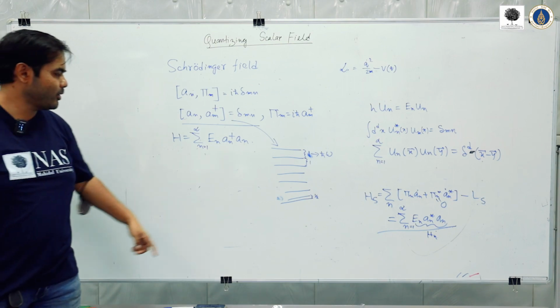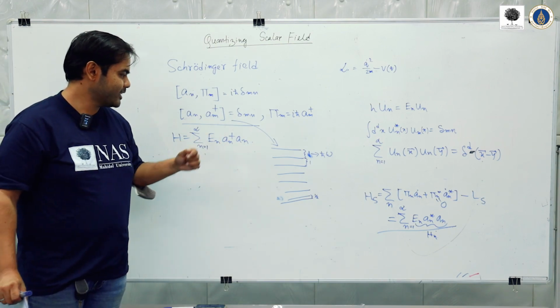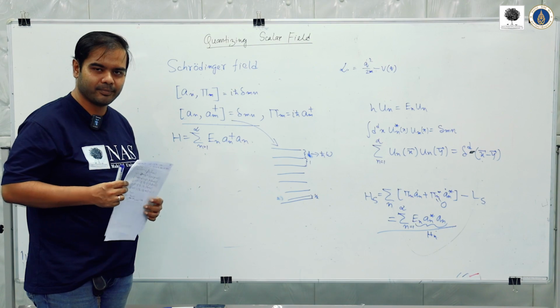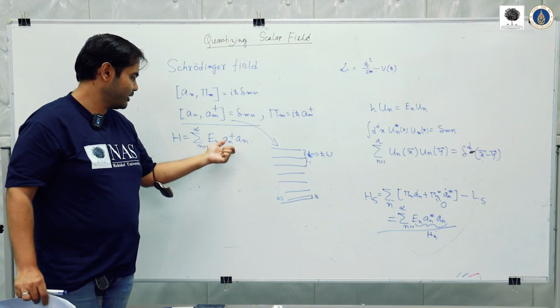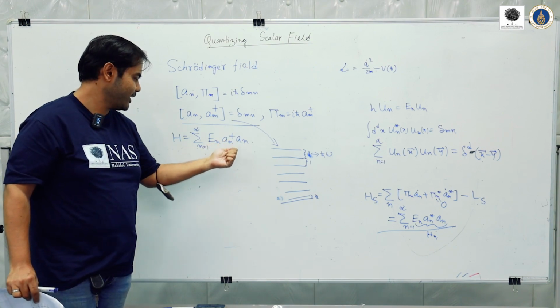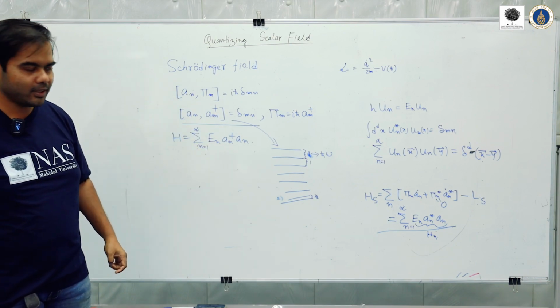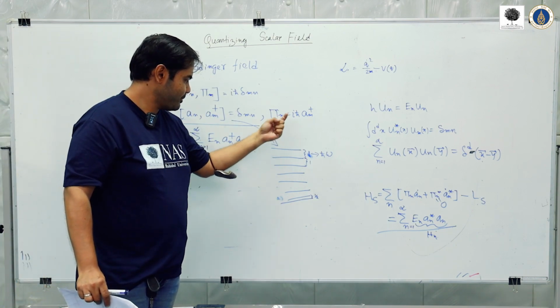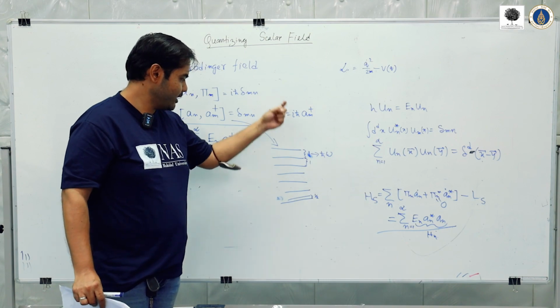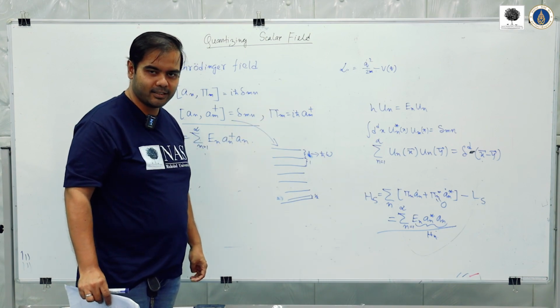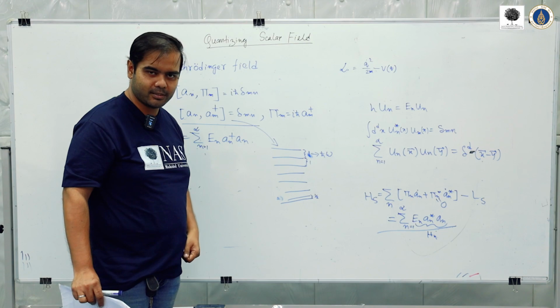For each n you have infinite levels. So this is the second quantization, that these ans come from a first quantized system, and you quantize them again. And the vector space you get, that for each an you have an infinite tower of equispaced energy levels. This is the Hilbert space.